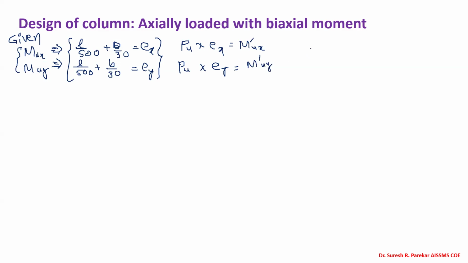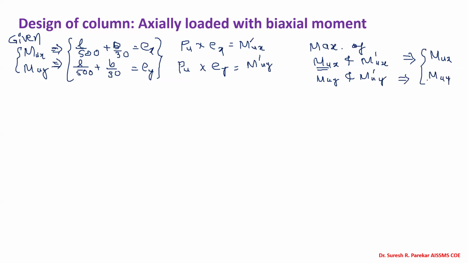You have to take the maximum of Mux and M dash ux. The maximum of these two we are going to consider as Mux, and likewise the maximum for Muy.